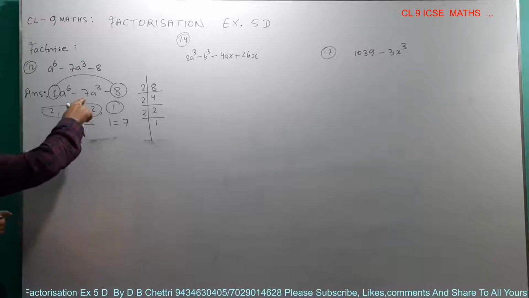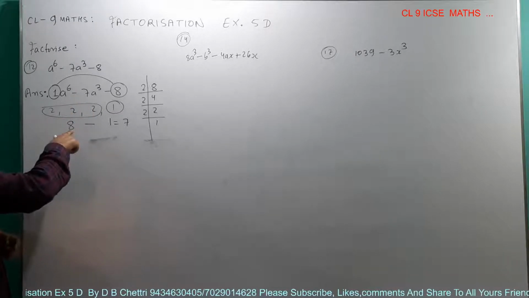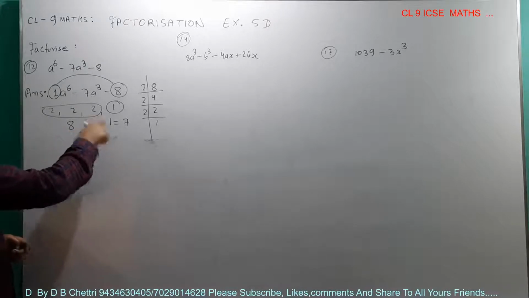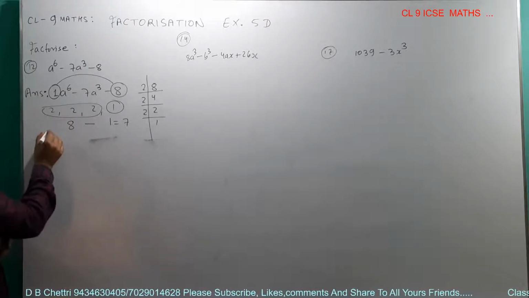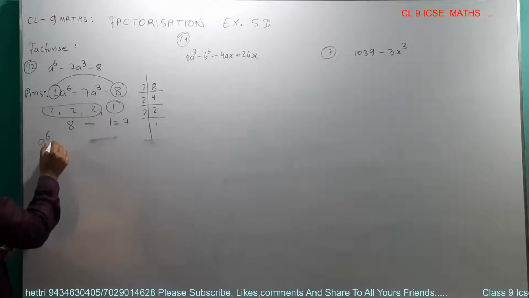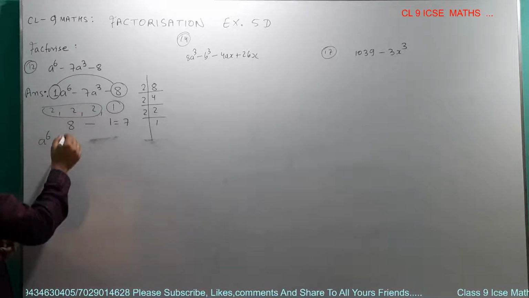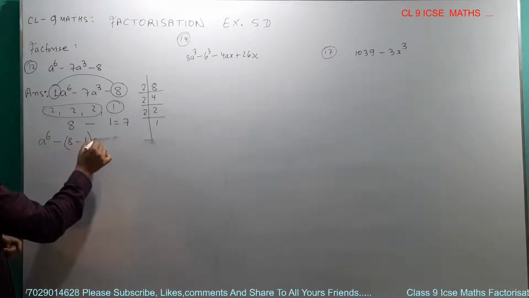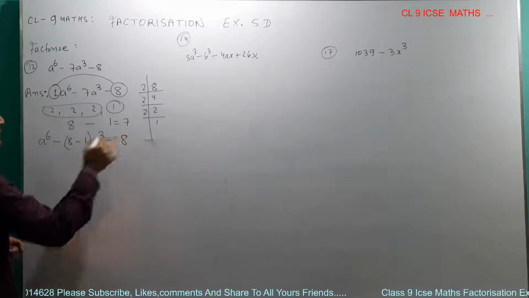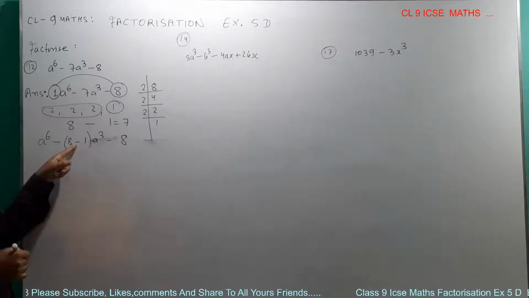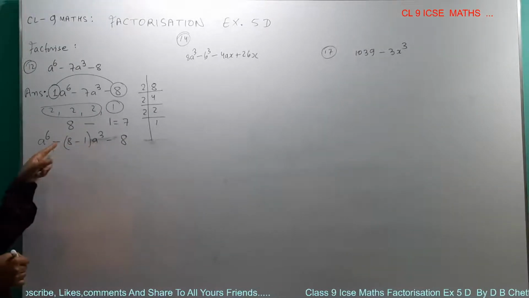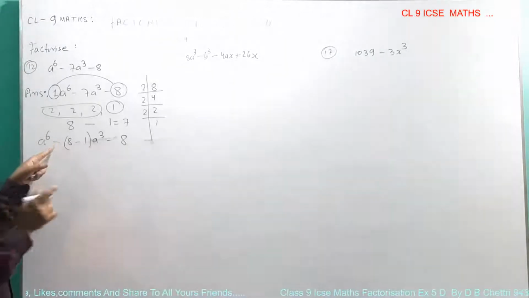Now we are going to replace this 7 by its factors, 8 minus 1. a to the power 6 minus, in place of 7, 8 minus 1, a cube minus 8. Now open this bracket by multiplying with the minus sign as well as a cube. And please, the minus sign is very dangerous, so take care.